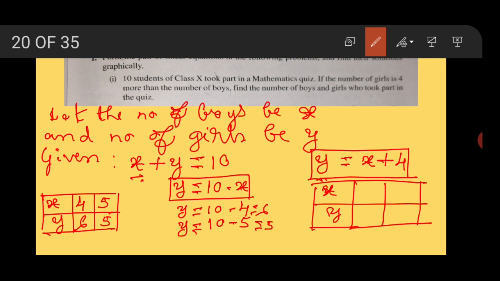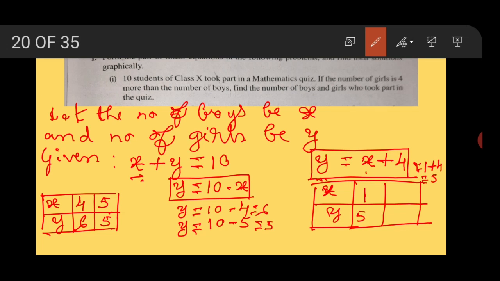Only 2 points are enough. Now, if x is equal to 1, y equals 1 plus 4 is equal to 5. So y value is 5.